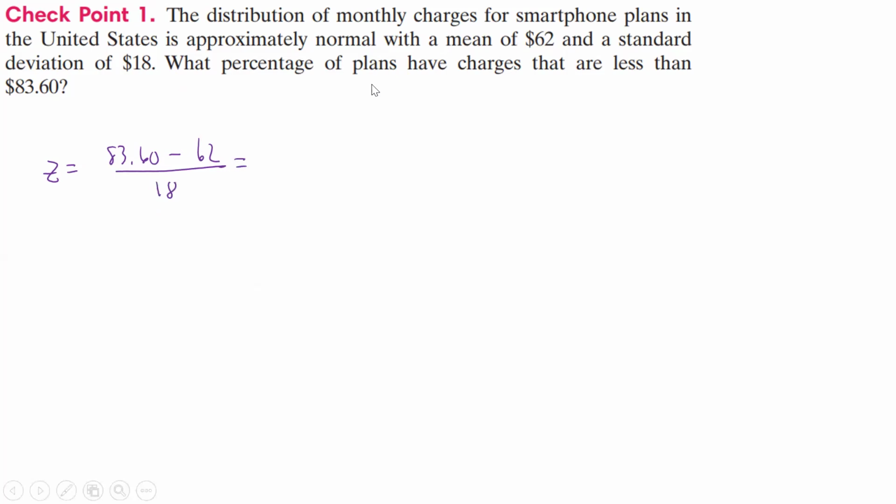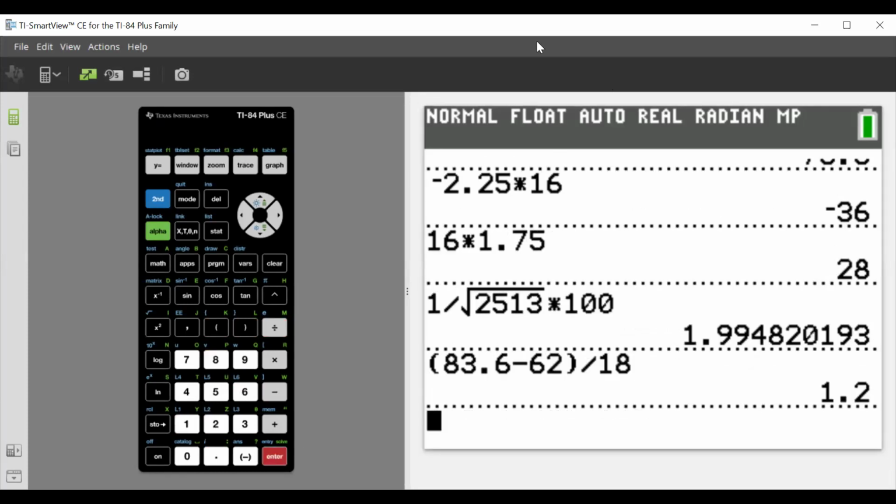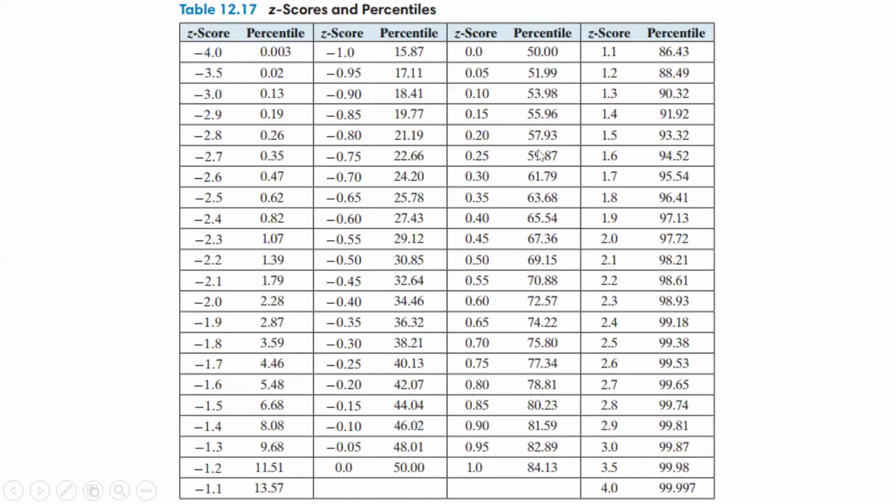So we use our calculator. Now we have parenthesis 83.6 minus 62, divided by 18, and we get 1.2. So 1.2 is our z-score, and we want less than that. If we go to our table here, 1.2, 88.49 is the percentile.